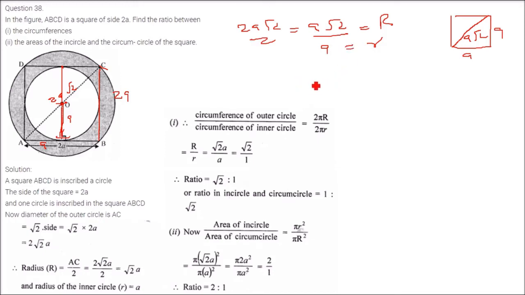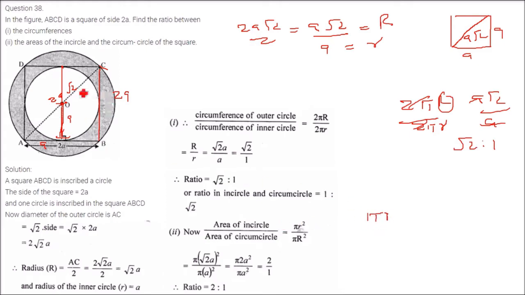Okay, so now let us find the circumference ratio. The circumference of the outer circle will be 2 pi R by 2 pi small r. This gets cancelled. Capital R is A root 2 and smaller r is A. So you get root 2 is to 1. Coming to the area of the incircle and the area of the circumcircle, it is pi r square.